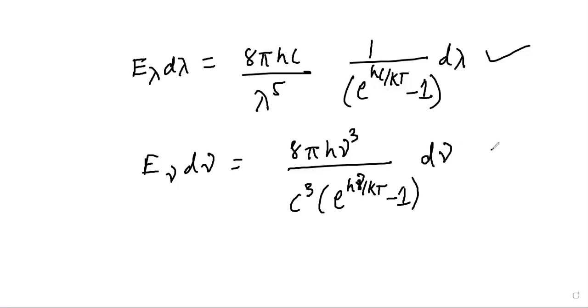So this equation, in terms of wavelength and in terms of frequency, is Planck's radiation formula. It gives you the amount of radiant energy per unit volume in the wavelength range lambda to lambda plus d lambda, or in the frequency range nu and nu plus d nu. Okay, thank you for watching.